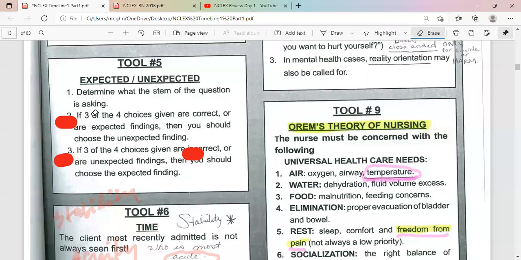If 3 of the 4 choices given are correct or are expected findings, then you should choose the unexpected finding. That is the answer.